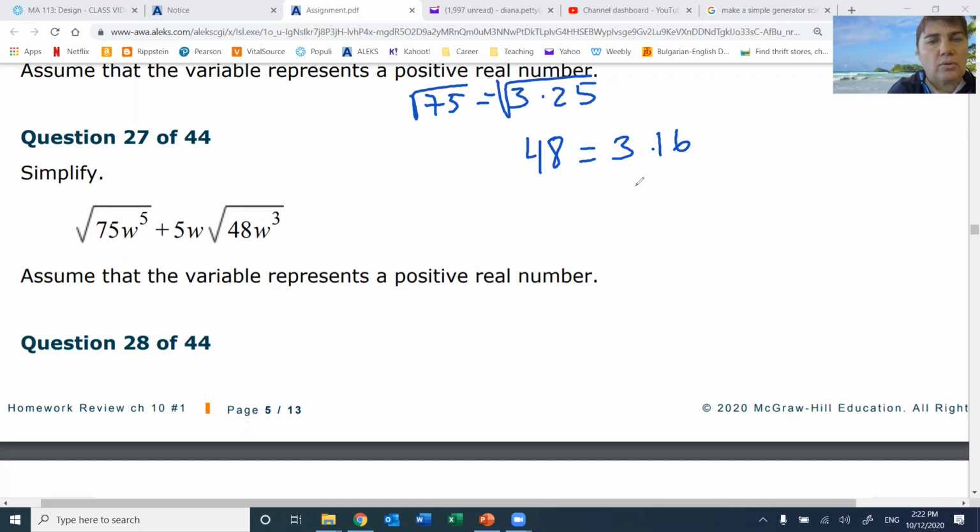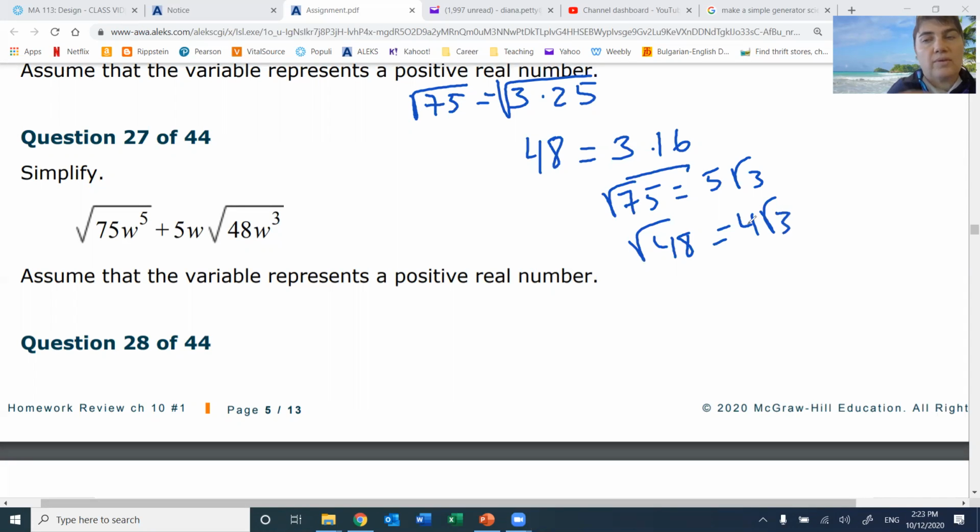Another secret code. So the square root of 75 would be 5 square root of 3, and the square root of 48 would be 4 square root of 3, which is good. They both have square root of 3.